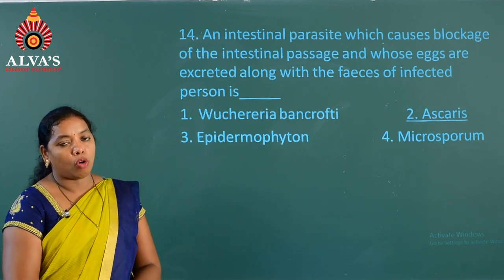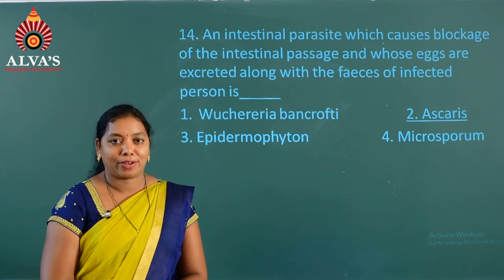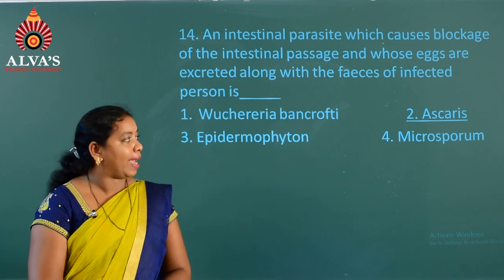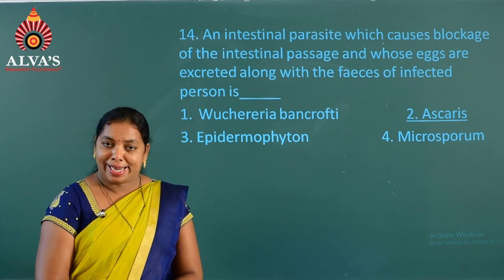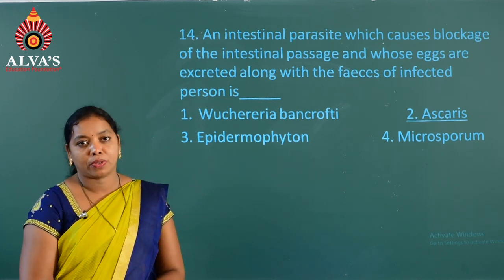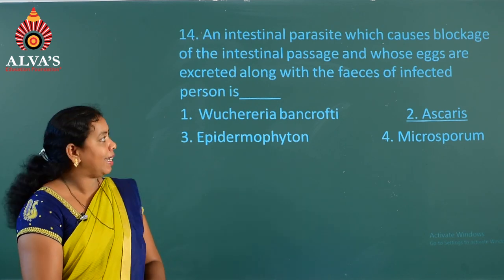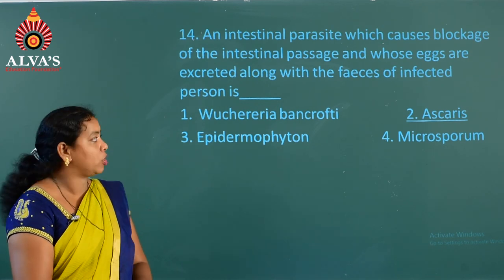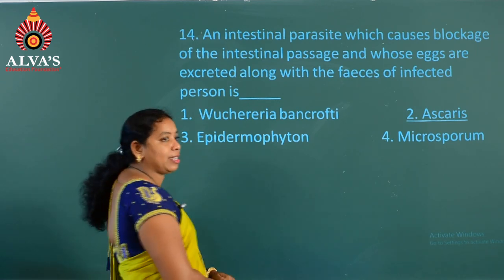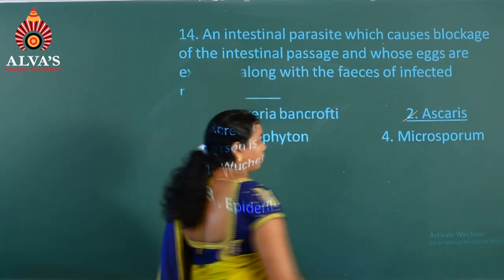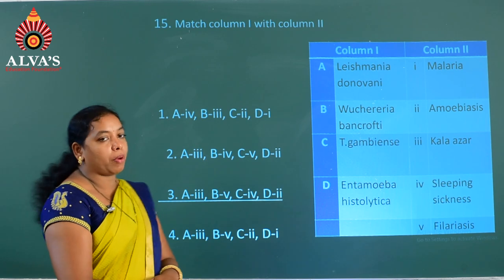Here, along with the excretory matter, the eggs of Ascaris are released into the water bodies. Hence we can see that the correct answer for question 14 is the second option. The next question is question number 15.